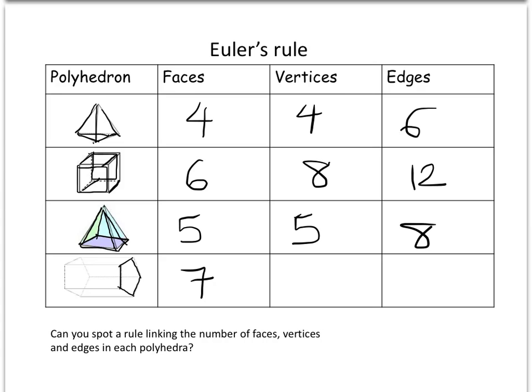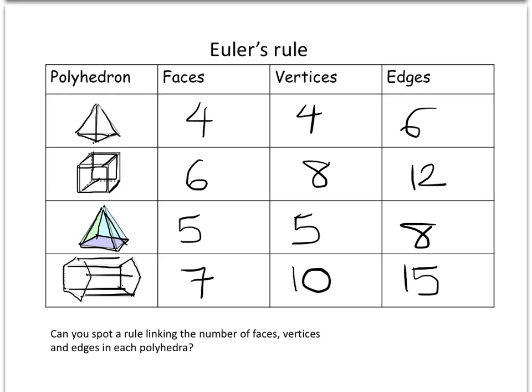Vertices, we've got 5 on this face, 1, 2, 3, 4, 5, and then 1, 2, 3, 4, 5, so 10 vertices. And edges, we've got 5 on the front pentagon, 5 on the back pentagon, so that's 10, and then 5 connecting each of those together. So we've got 15 edges altogether.